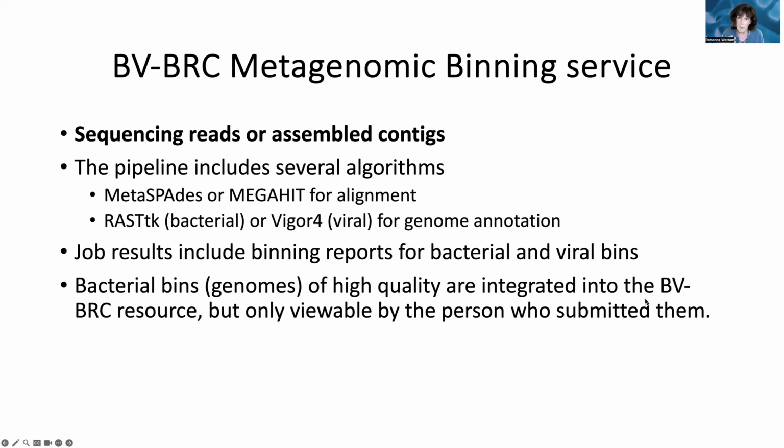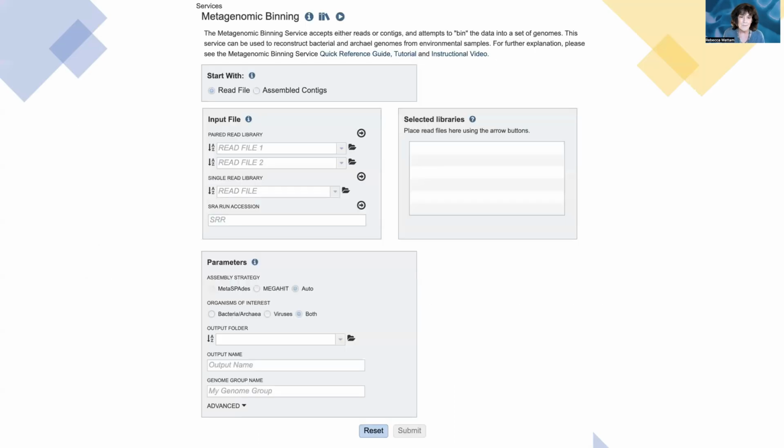And what the report returns are binning reports for bacteria and viral bins. If the bacterial bins, genomes, are of good quality, they're integrated into the resource, but only the person who submitted the job can see those genomes, so they're private to that person.